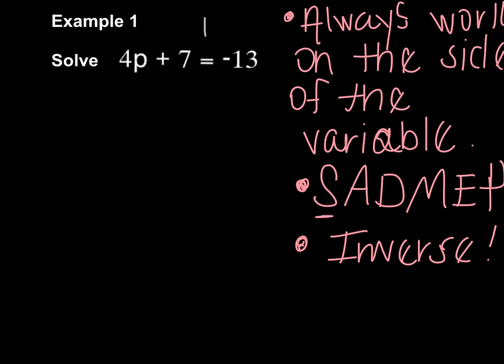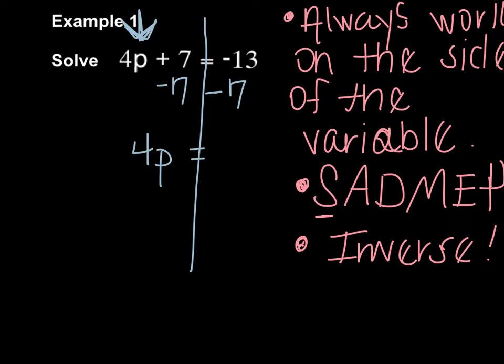So let's solve. My variable's here. This is my goal. I do not have any subtraction, but I do have some addition. So my first step is going to be to subtract the 7. So I have 4p. My positive 7 and negative 7 are inverses, so they zero out. Negative 13 minus 7 is negative 20.